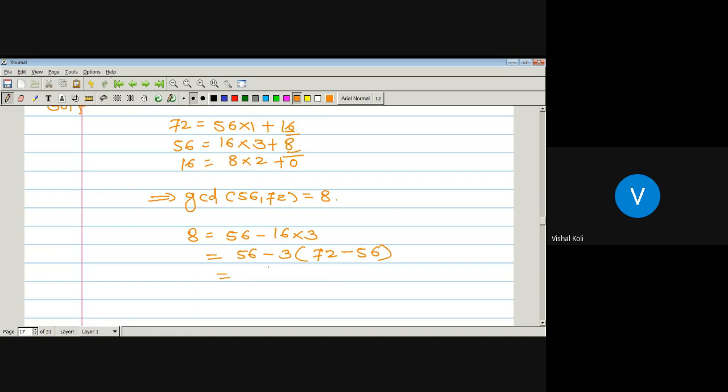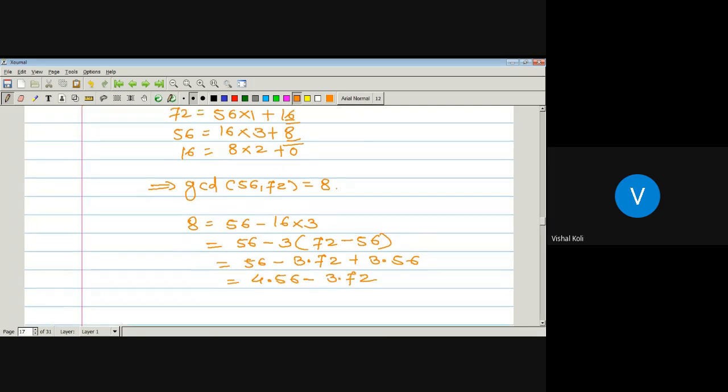Which is equal to 56 minus 3 times 72 plus 3 times 56. 1 times 56 plus 3 times 56 is nothing but 4 times 56 minus 3 times 72.